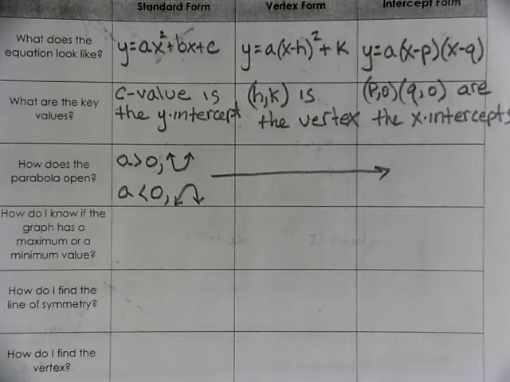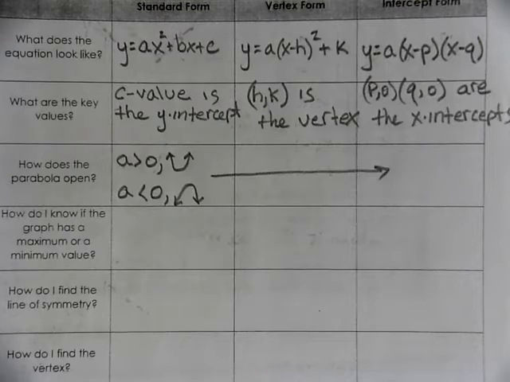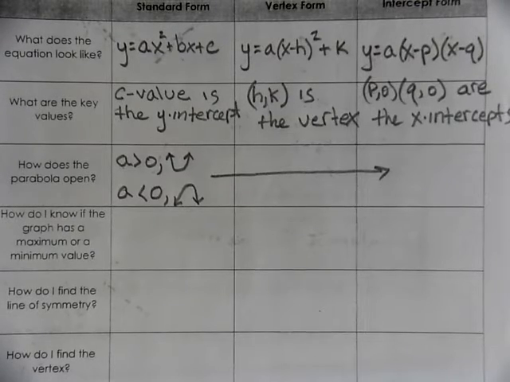If you have a positive a, you're going to open upwards, and a negative a, you're going to open downwards. How do we determine if we have a max or a min? It's kind of the same format. The notes are going to be extremely similar, but what determines if it's a max or a min?